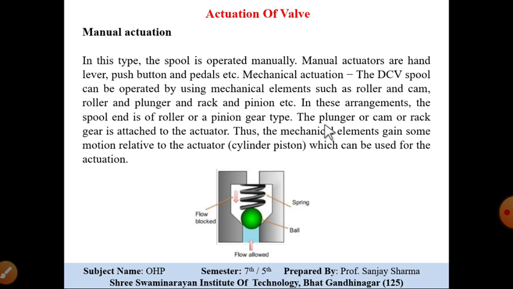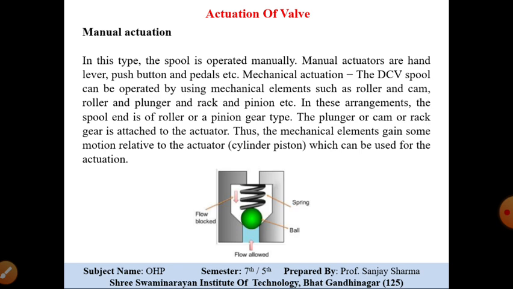Normally, for example, in BRTS buses we have seen the closing and opening of the door of entry and exit is controlled by the driver. It means the driver is operating the lever, and based on that the valve is being opened or closed.